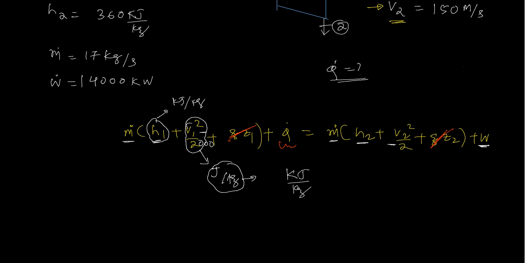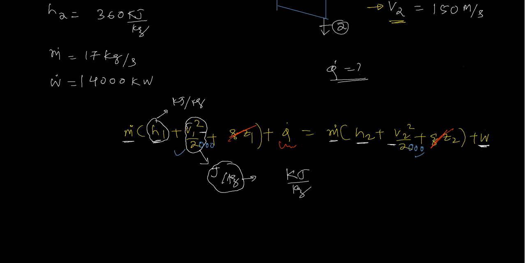So let me use another color so that it will be a little clear. So we'll be multiplying 1000 in the denominator of this kinetic energy term. Similarly, I will be having triple zero over here, right? So why am I doing this? Simply to keep a constant unit.